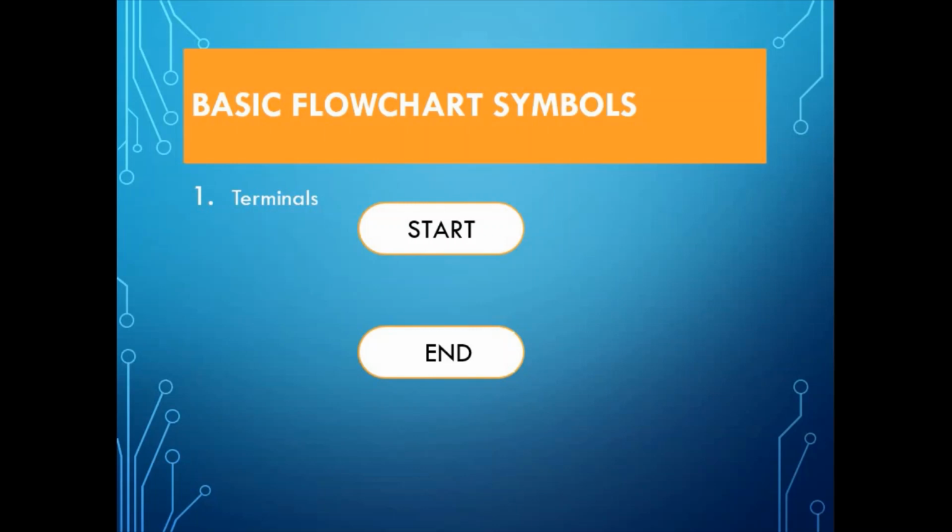The first is the start, which suggests that this is the first thing that we use in our flowchart when we are solving a problem, and the end option, which is the very last thing that we use once our problem has been solved.